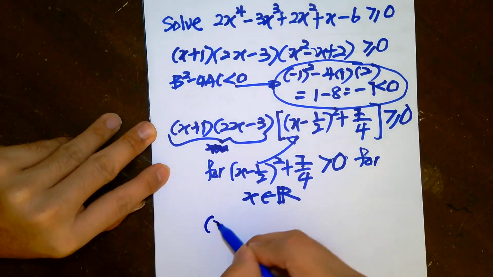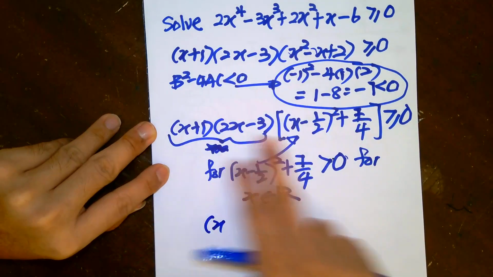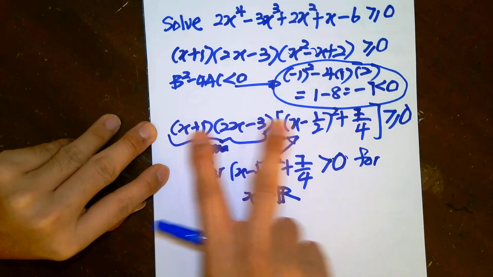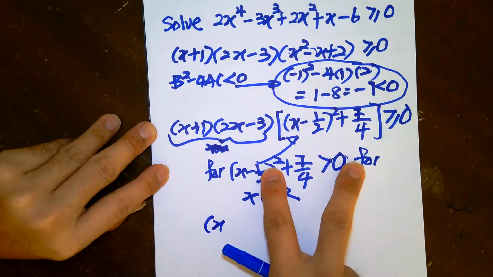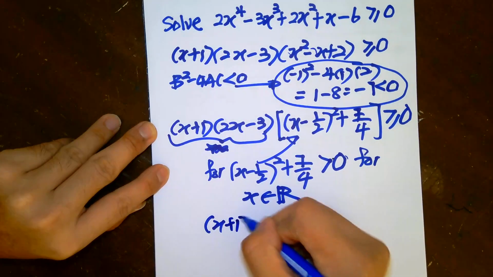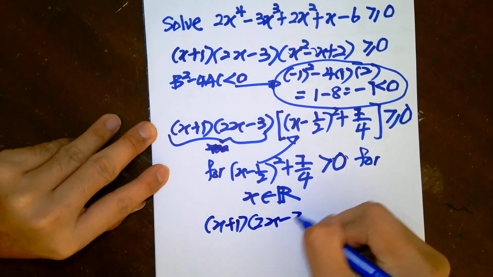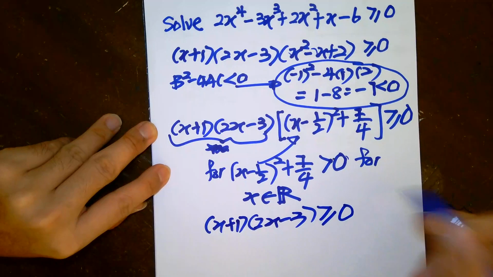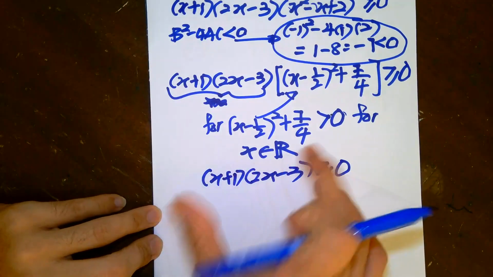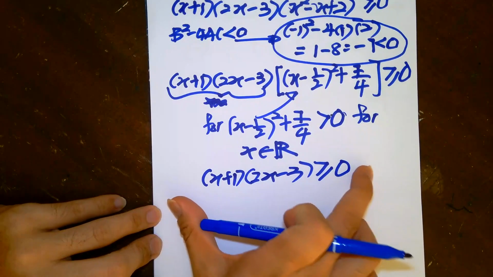In order for everything to be more than or equal to 0, x plus 1 times 2x minus 3 has to be positive or 0 as well. So we just consider this one.